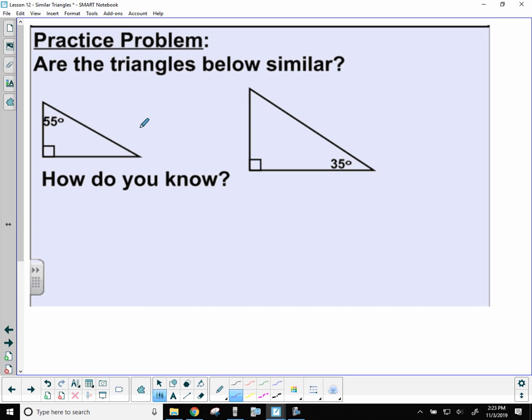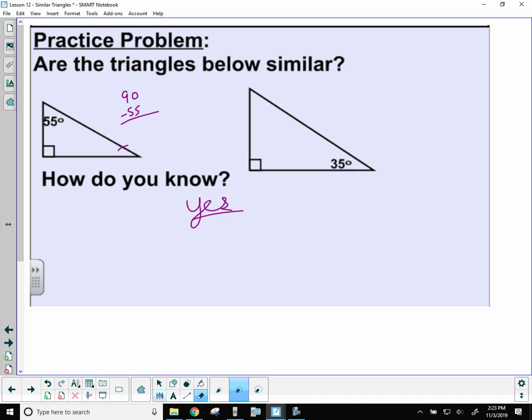Practice problem. Are the triangles below similar? Yes. Good. Because 90 is being spent. Here's 55. So 90 minus 55. You get 35. The slate is not keeping up with me.